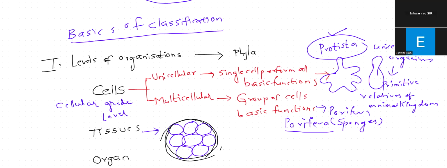Where do we see the tissue grade of organization? Tissue grade of organization is seen in phylum Cnidaria. What is the other name of Cnidaria?